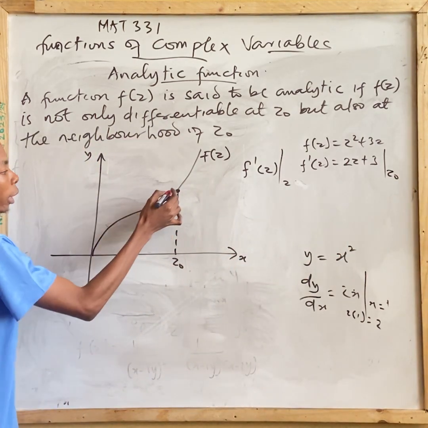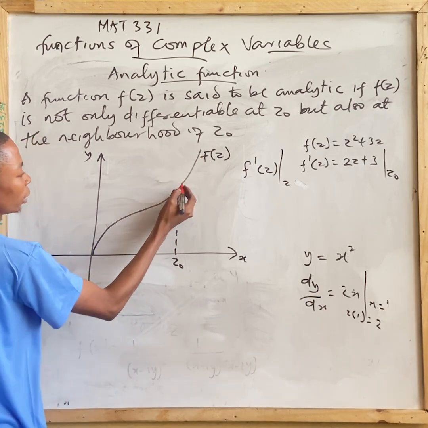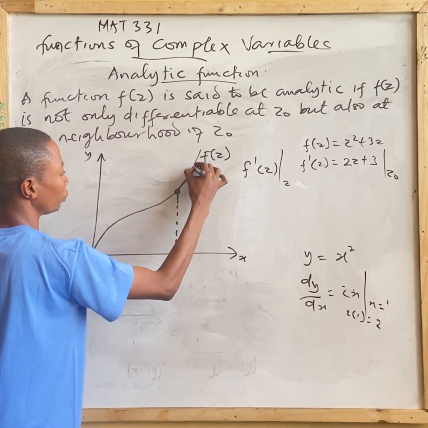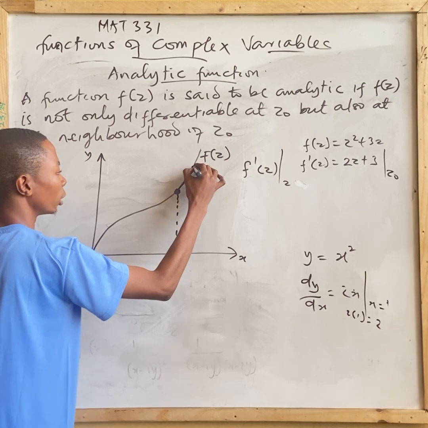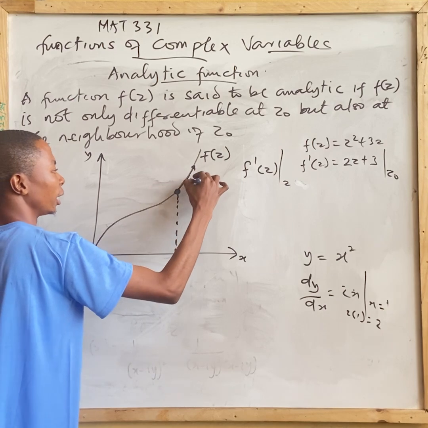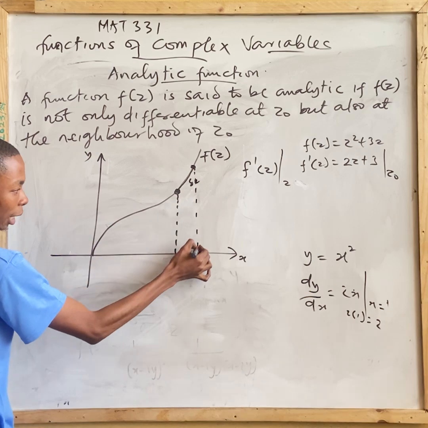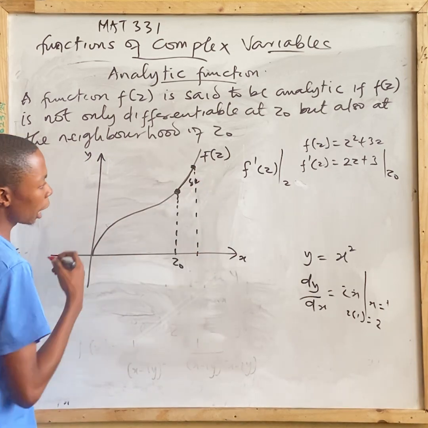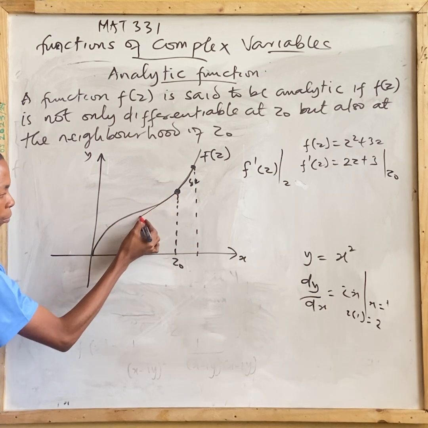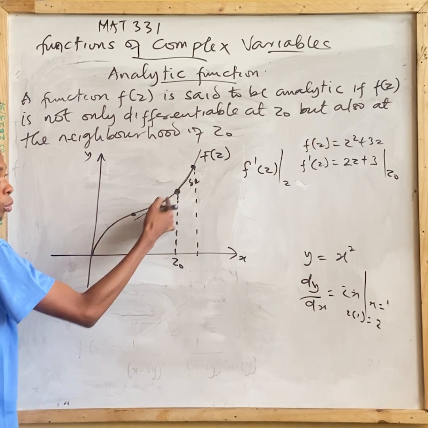Now, suppose I pick another arbitrary point in the neighborhood of this z naught. Let's say I pick a point here. Let me call the interval from this z naught to a point here dz. And I differentiate this function again at this point, and I get an answer, so the function is differentiable. Let's say I pick another arbitrary point downward like this. That point is also a neighborhood of this z naught.